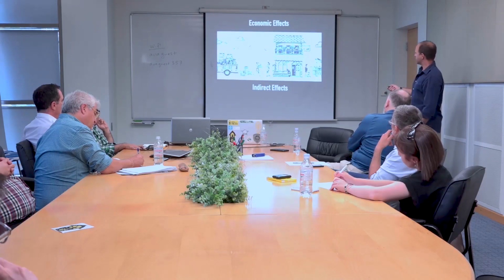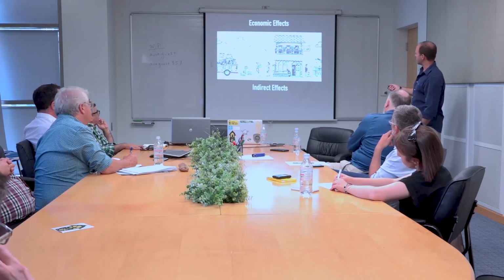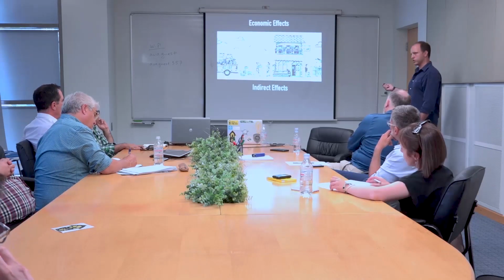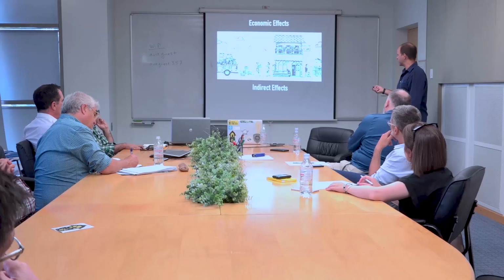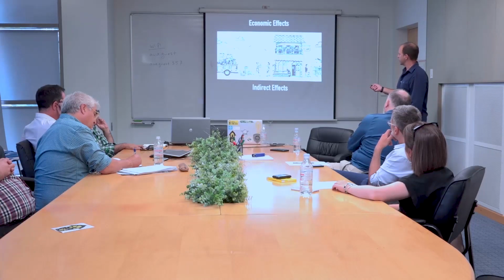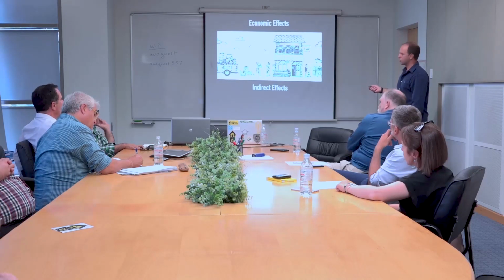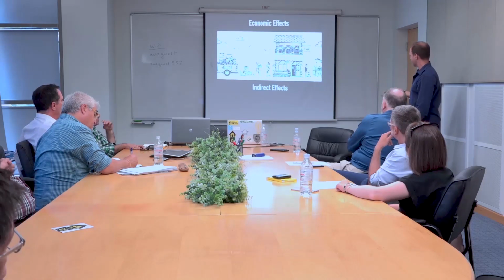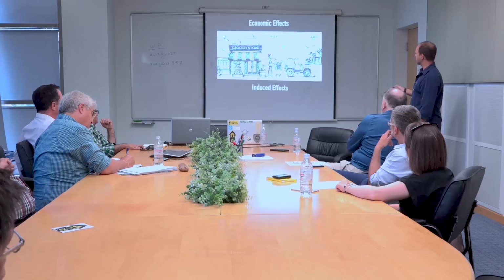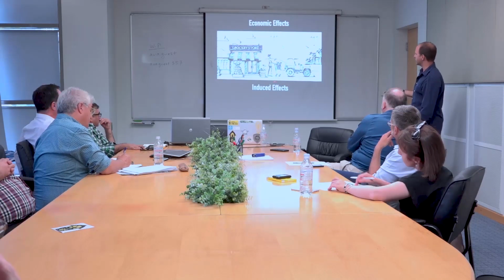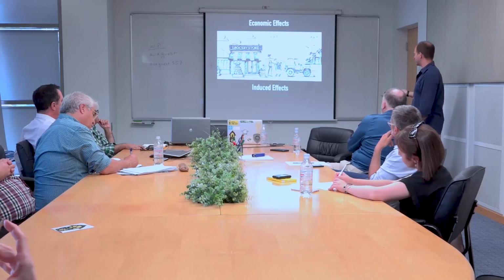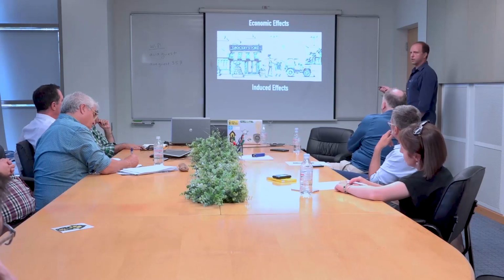The indirect effect: the owner of the restaurant needs to buy supplies to serve the tourists. The money that she gives to the suppliers, the farmers, is the indirect effect. The induced effect is because the lady who works in the restaurant gets her income, her salary, and then she needs to buy supplies for her house.